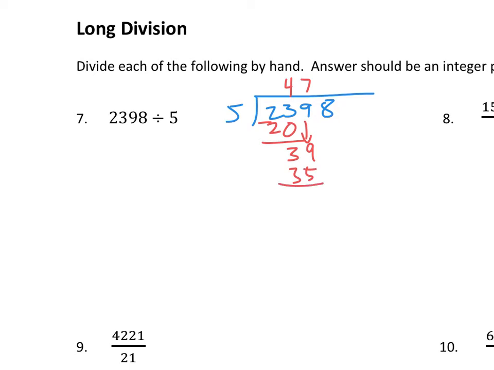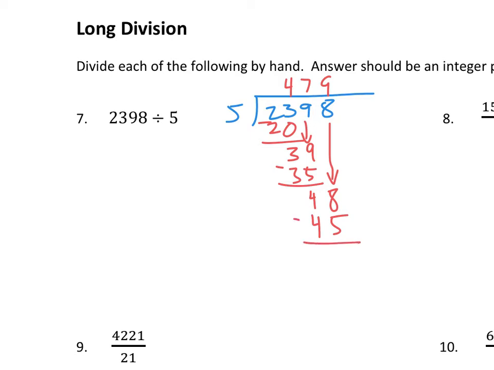So 35 is as close as we can get to 39 using 5s. Now we're going to subtract. 39 minus 35 is 4. We'll bring down the 8. And we ask ourselves, how many times does 5 go into 48? And it does 9 times. So that is 45.